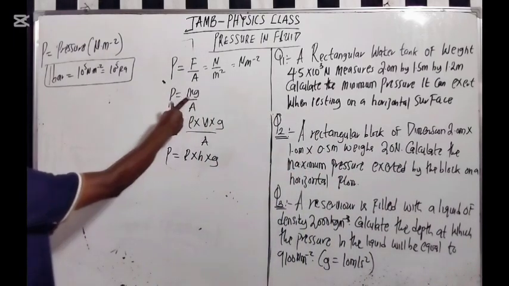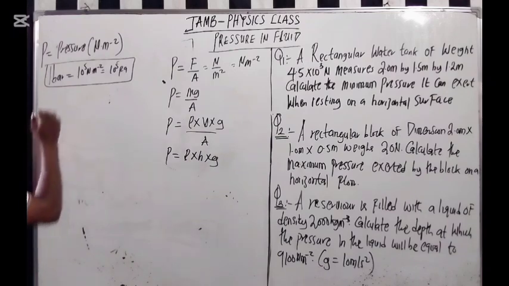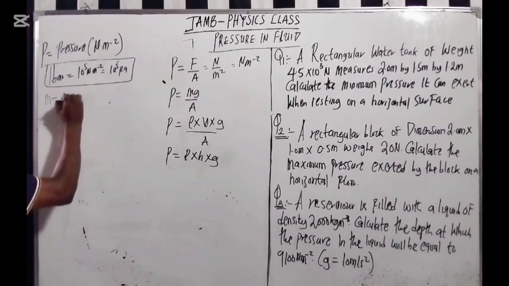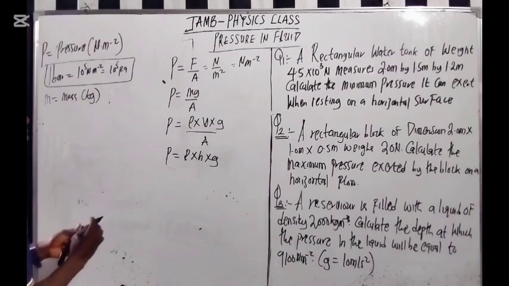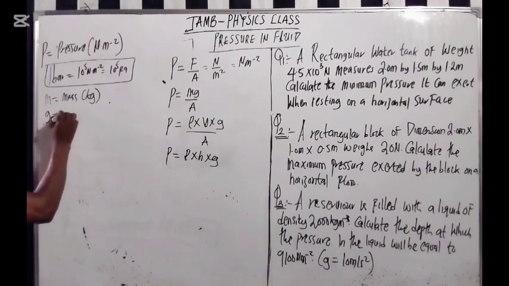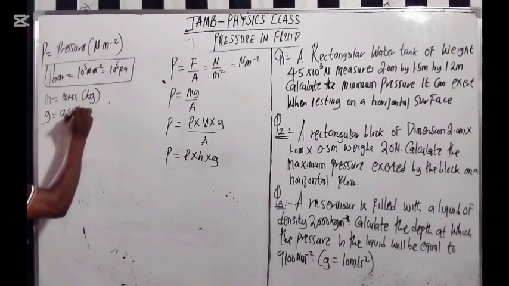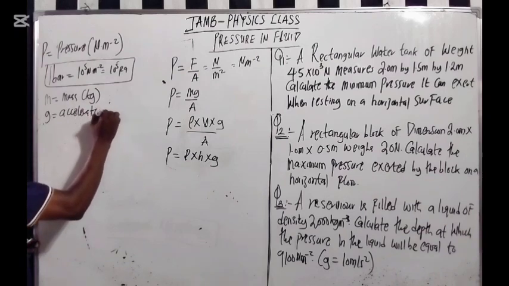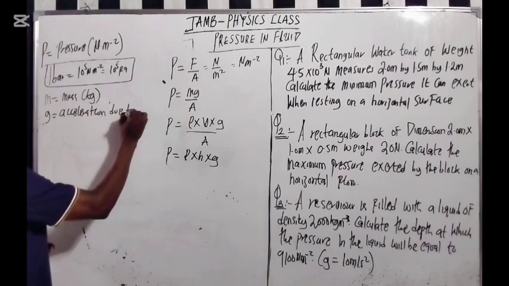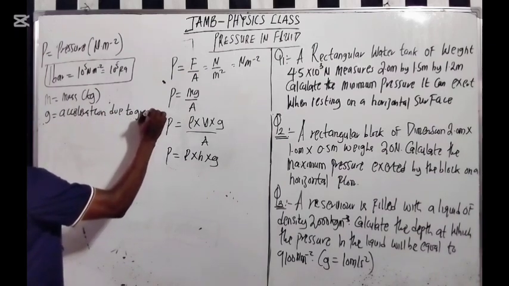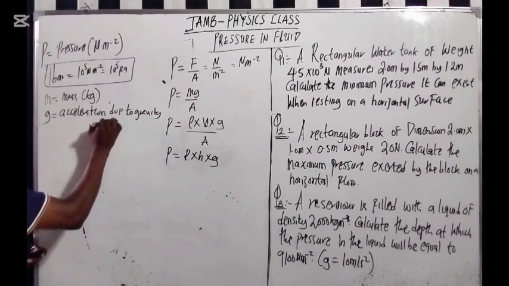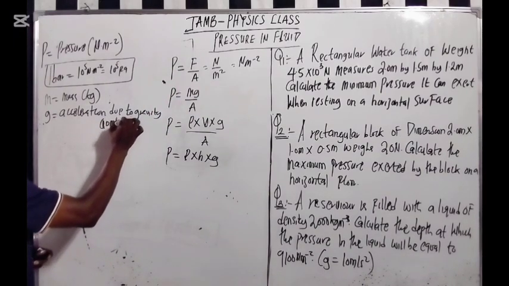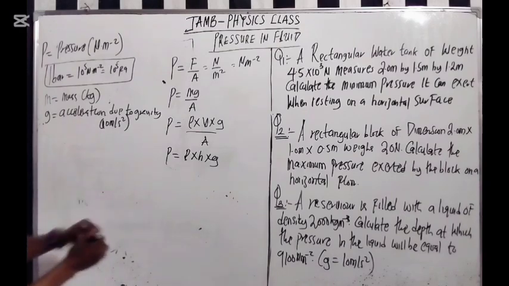So next one to look at is m, which is mass, and it must be in kg, right? g is the acceleration due to gravity. Sorry, I'm just trying to minimize space here. It is 10 meter per second square.